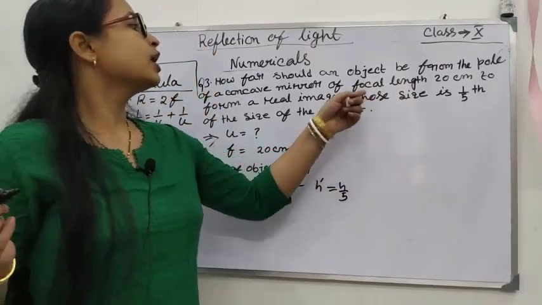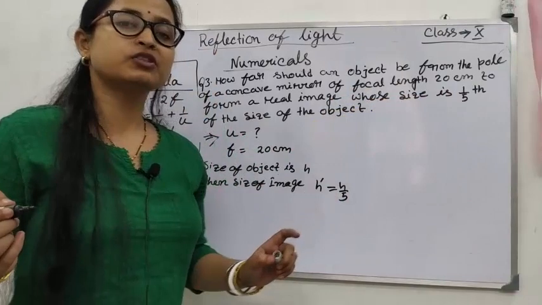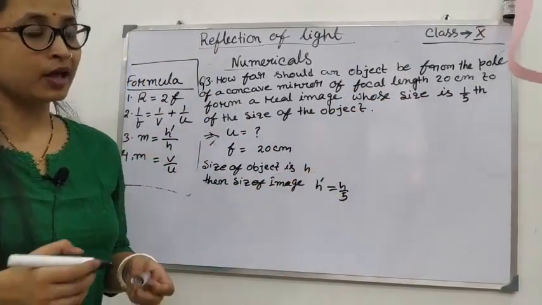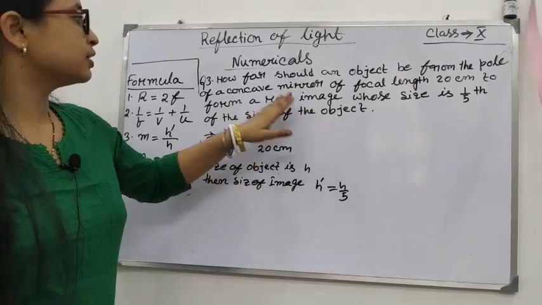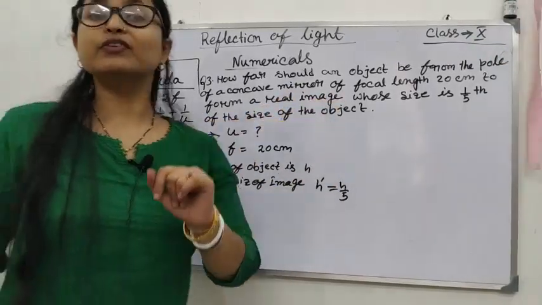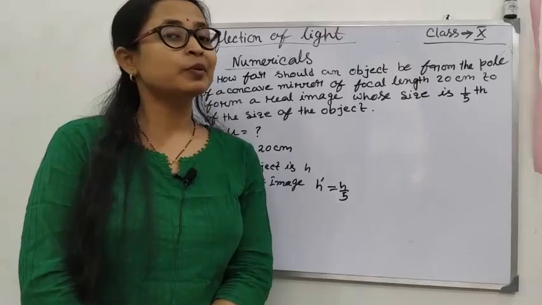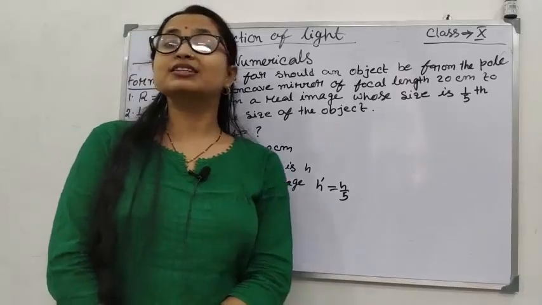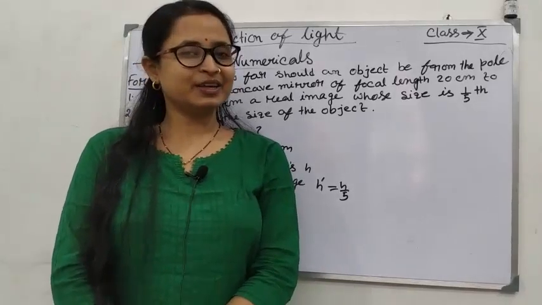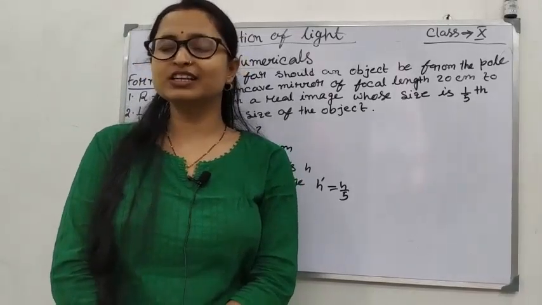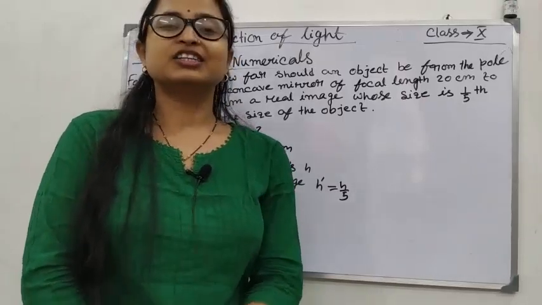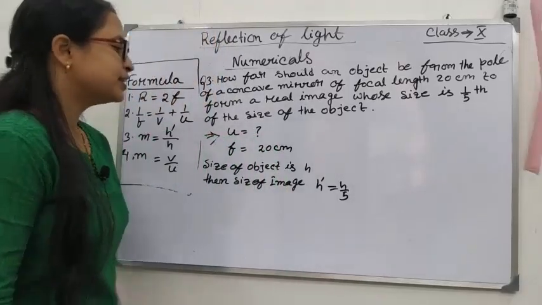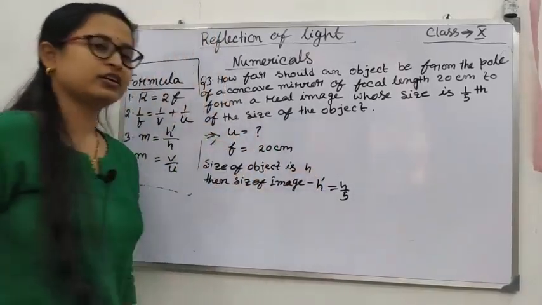Because it is said that the image is 1 by 5th the size of the object. Then one more thing is there. Real image: in my previous class I told you, a real image is always inverted. Inverted means what will be the sign? The sign will be negative, as we learned in our sign convention. If you have forgotten this, I suggest you go to my previous video. So h dash will be negative here.